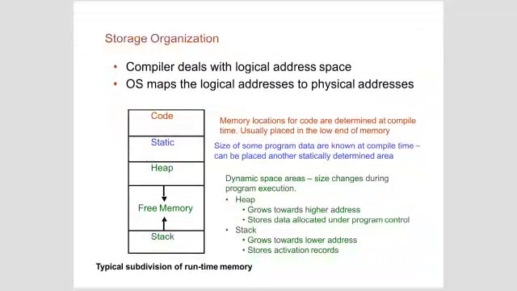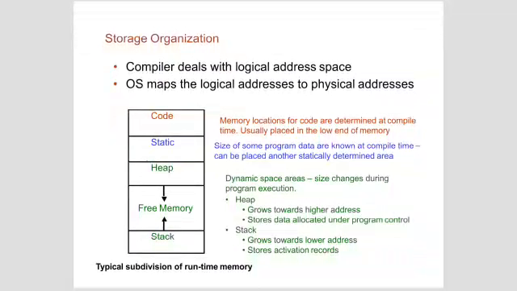Yes, exactly. The OS maps the logical addresses to physical addresses, which are usually spread throughout the memory. So this is the subdivision of runtime memory. In that we have: code, static, heap, free memory and stack.